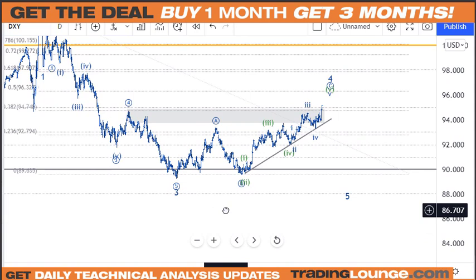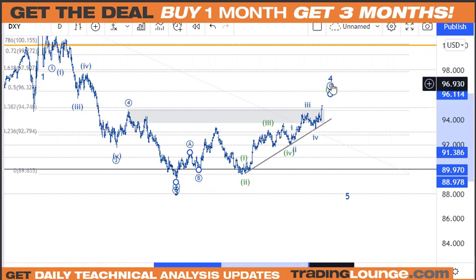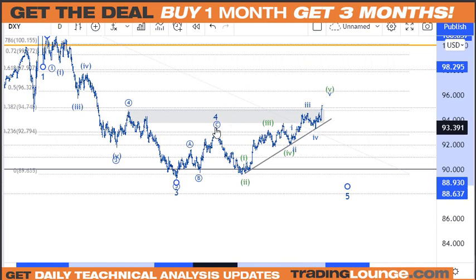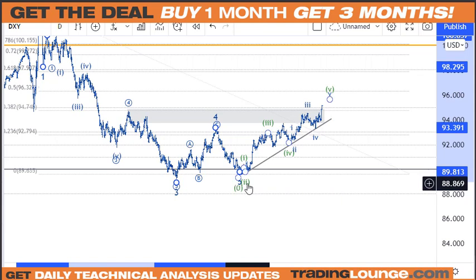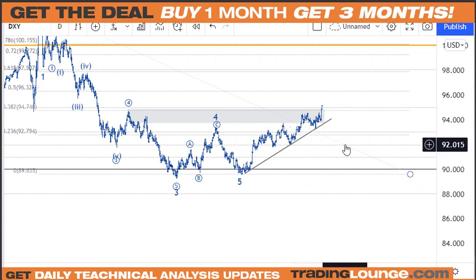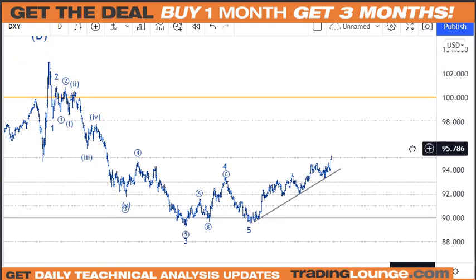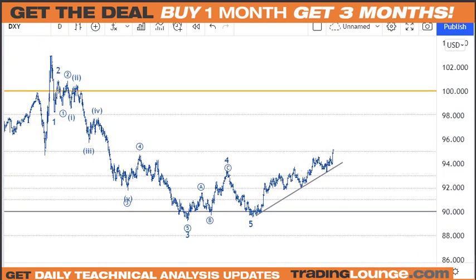But I think we need to put this over here, this over here, this over here, this over here, and this wave 5 in here, even though it's truncated. And then just going to move that, move that, move that, move that. We need to look higher now.